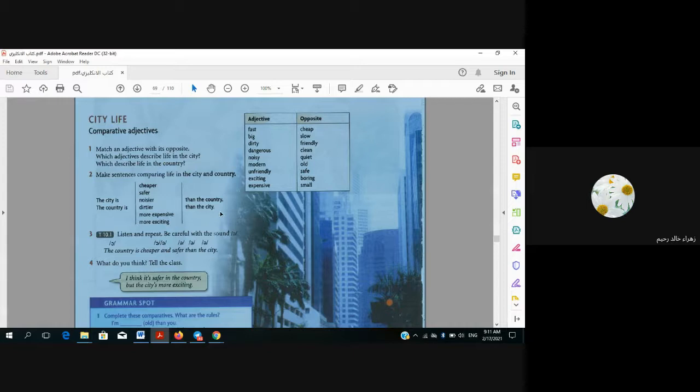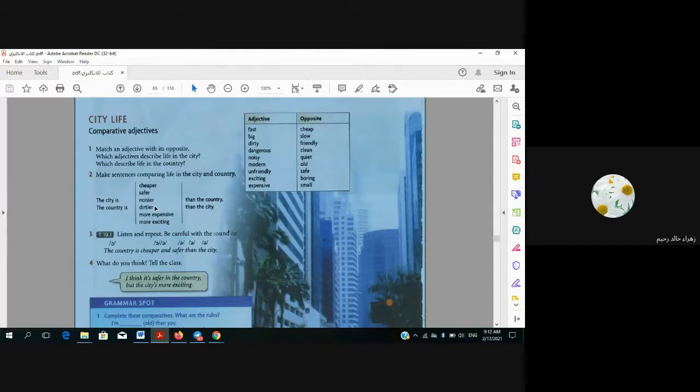All these adjectives, whether safer, cheaper, noisier, more expensive, more exciting, are comparative or superlative? Comparative. Why? Because they end with ER. We here use the comparative adjectives.